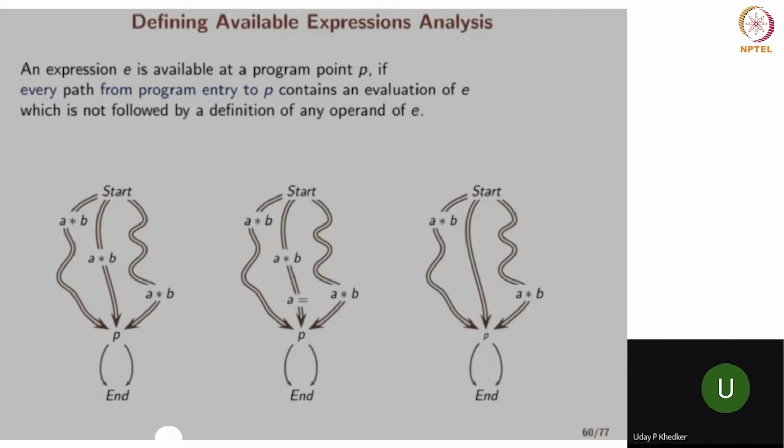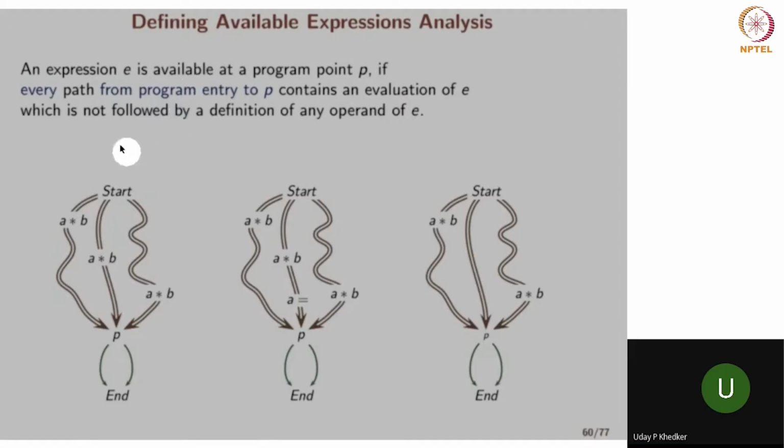So that's the first difference. The second difference is that we are talking about every path. We are saying that this certain property must hold along every path. The third difference is it's about expressions, whereas live variables analysis was about variables.